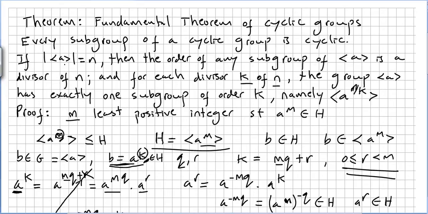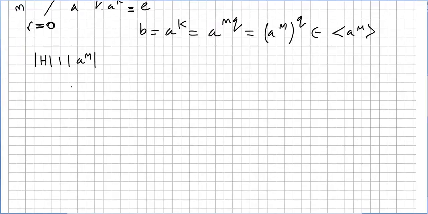If the order of a is n, then the order of any subgroup of the group generated by a is a divisor of n. So that's what we want to prove. We want to prove that the order of H, subgroup of G, is a divisor of the group generated by the powers of m.